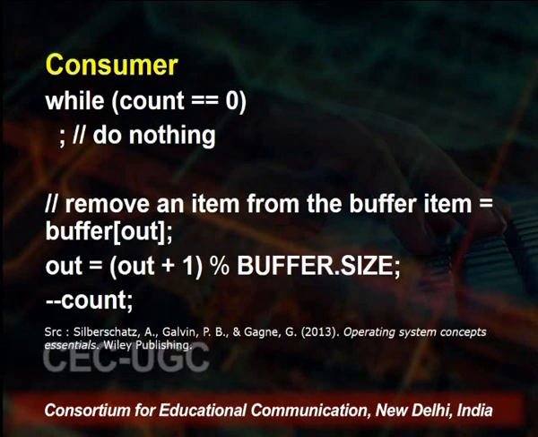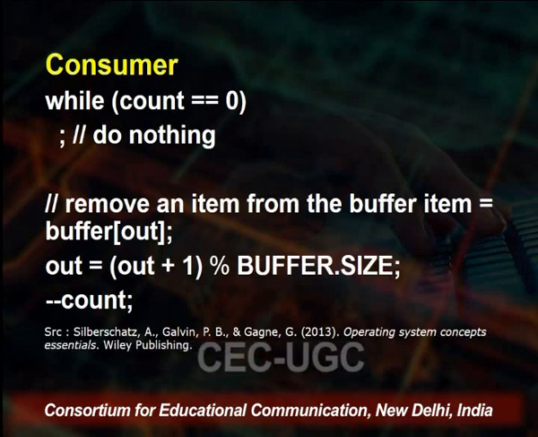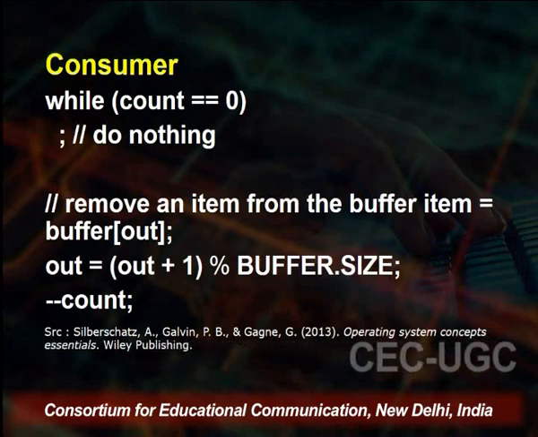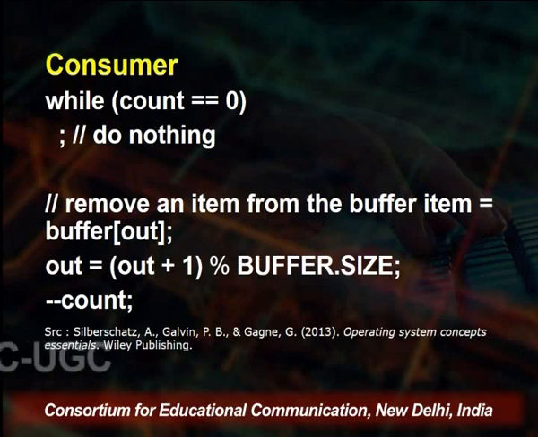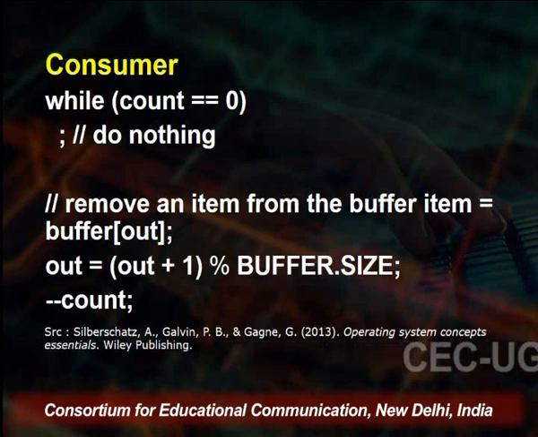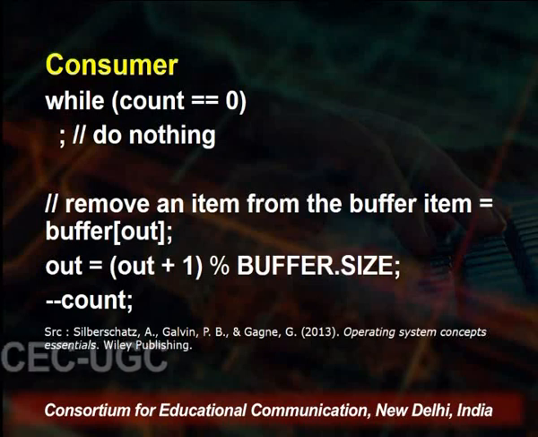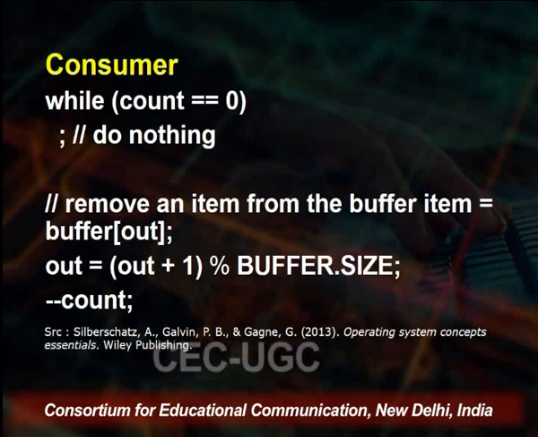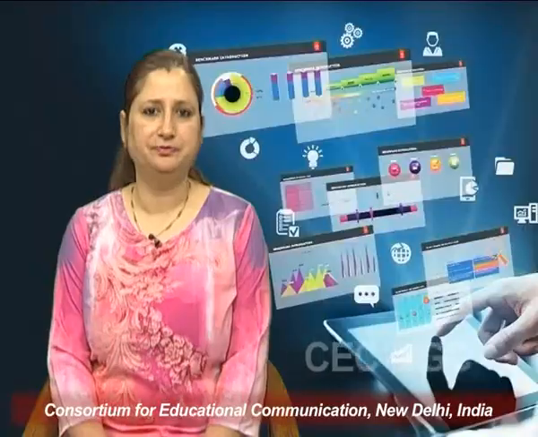So you are pulling out the item from the buffer and decrementing the count of the full buffers. Count is the number of filled buffers in the system. You are decrementing because when the consumer consumes an item, one place becomes vacant, so the number of filled buffers becomes less.